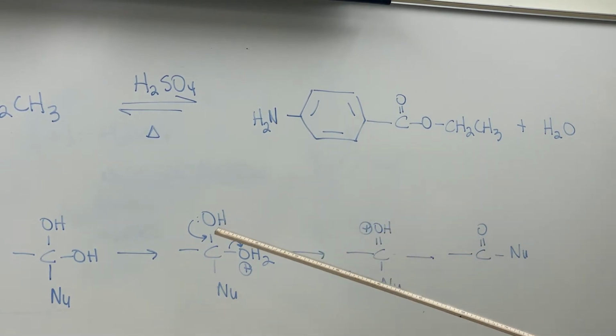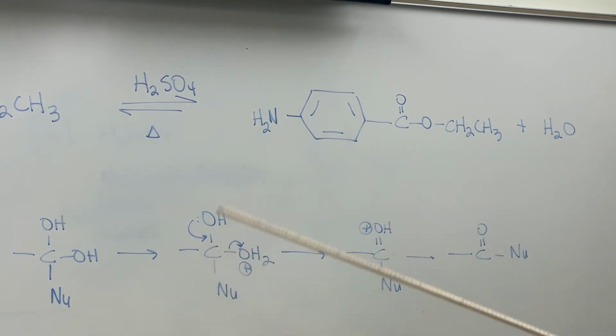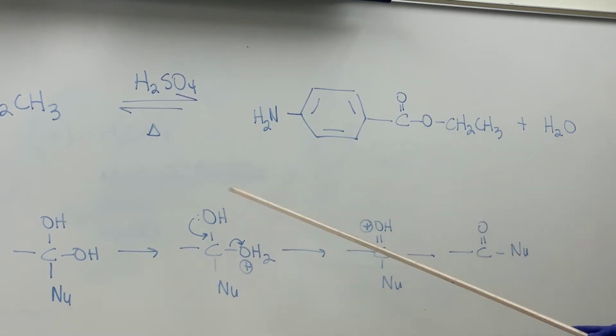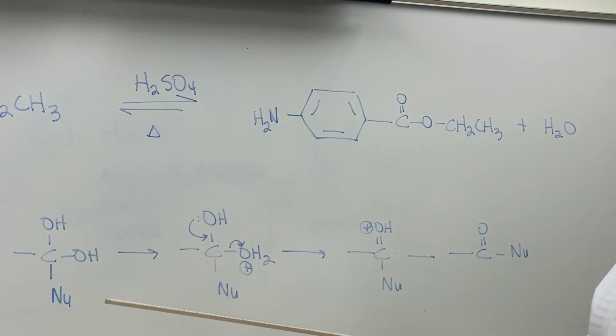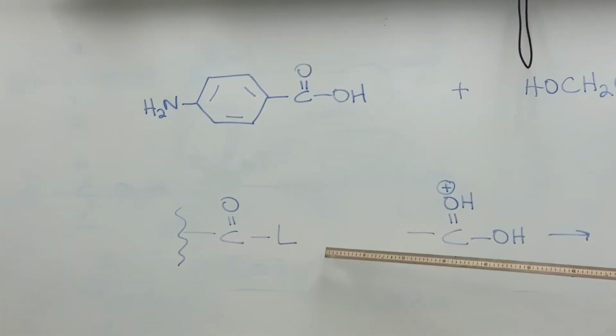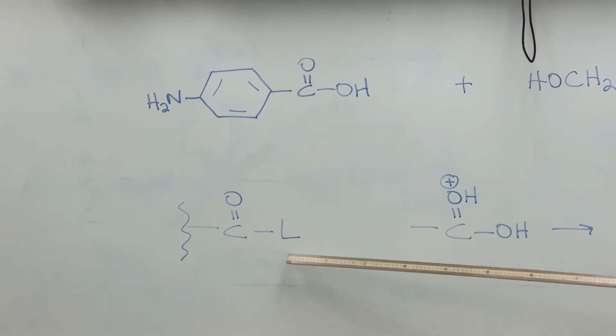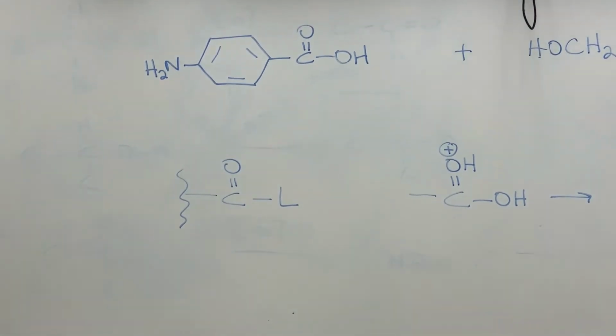Now, this is considered a derivative of carboxylic acids. There are different derivatives you could actually use to make the ester. The carboxylic acid is the weakest in terms of reactivity. These reactions are referred to as nucleophilic acyl substitutions.